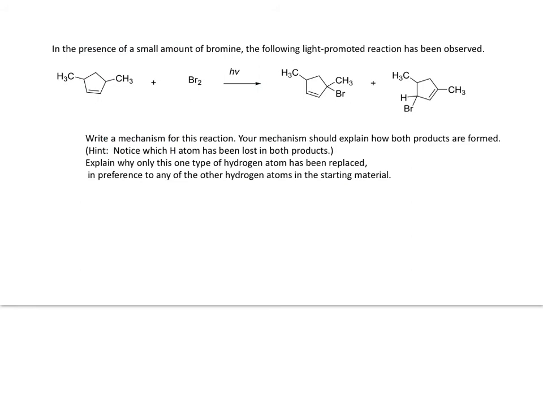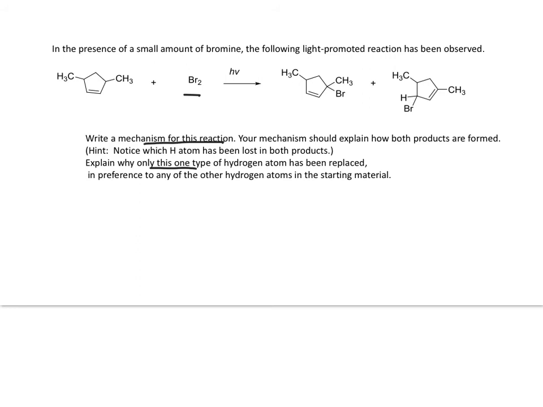In the presence of a small amount of bromine, the following light promoted reaction has been observed. Write a mechanism for this reaction. Explain why only one type of hydrogen has been replaced in preference to any other hydrogen in the starting material.